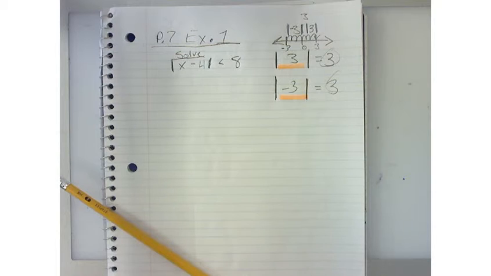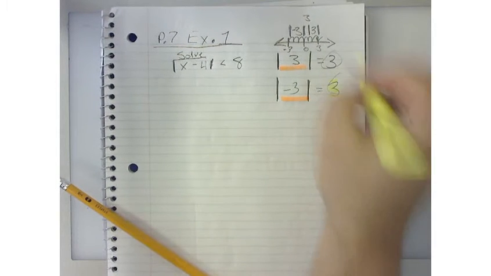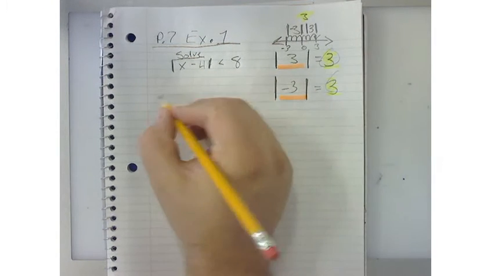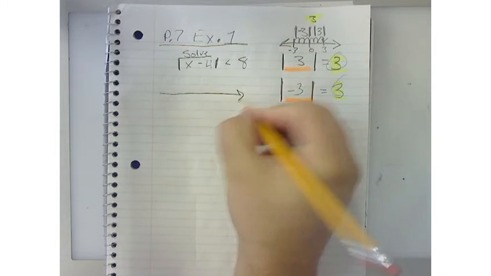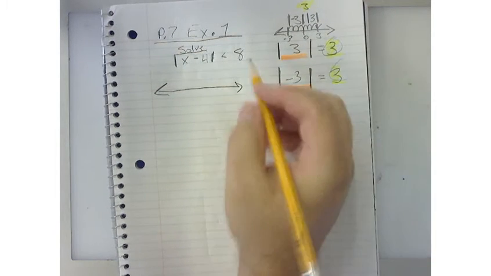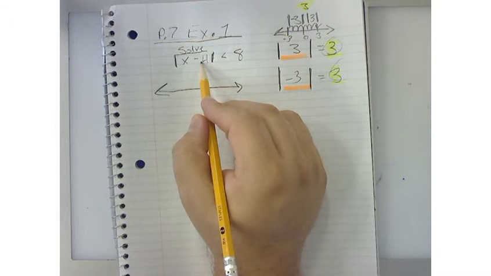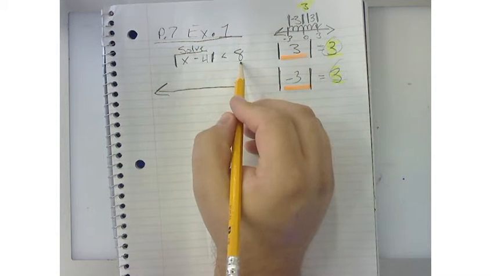That's what we're measuring. Think of on the number line, the plus or minus sign really represents the direction we're heading. So graphically, we want to figure out how far we have to move, but we don't want to move any more than 8 units from a number, right?